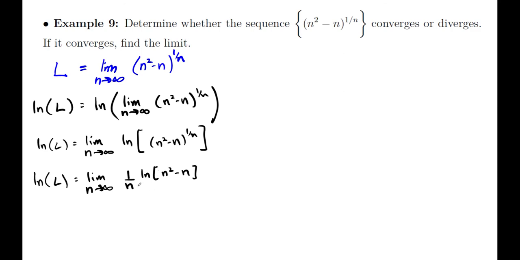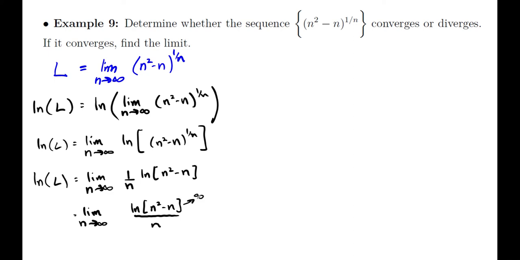I guess the first thing that I would have us do is maybe condense this. So I have the natural log of n squared minus n, all divided by n. Now let's think about what's happening to the top. As n goes to infinity, what's happening to the top?